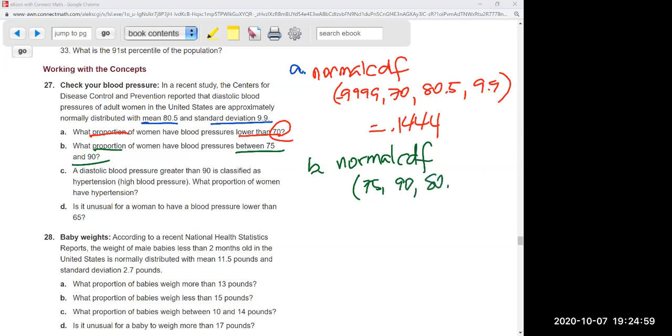And using the same mean, 80.5, and standard deviation, 9.9. And Anissa has an answer, and that is also correct. 0.5421. Very good.